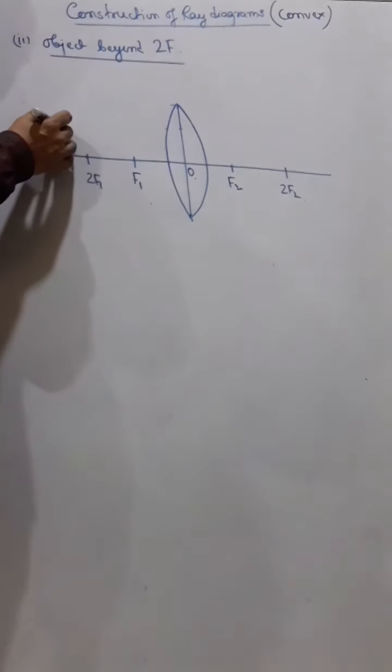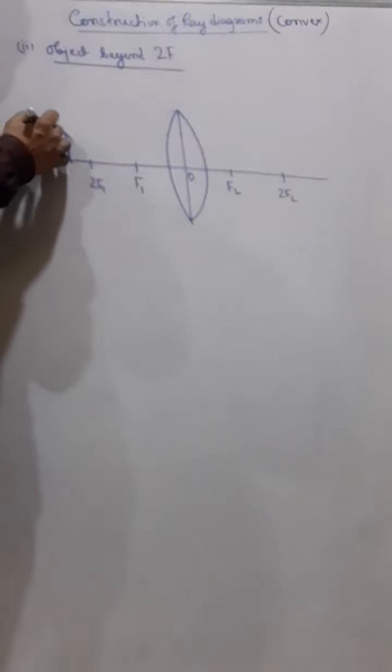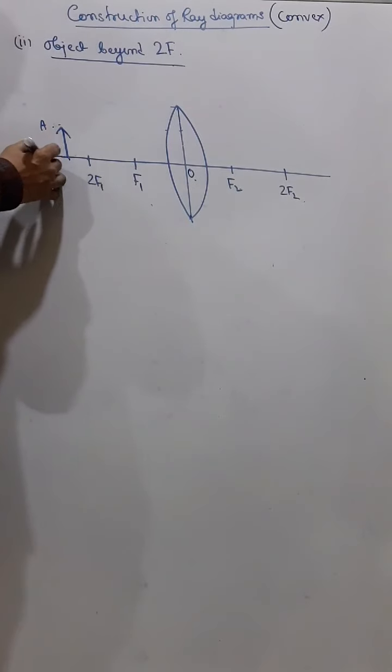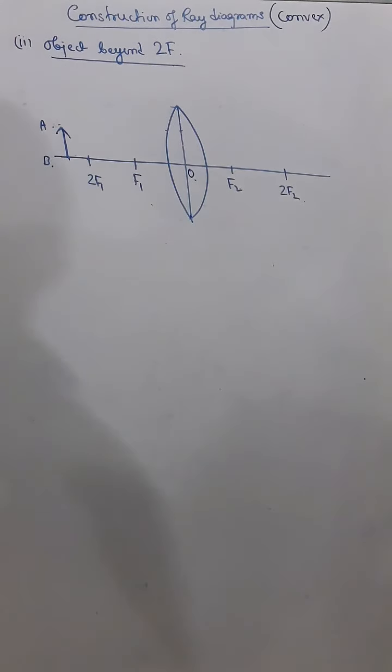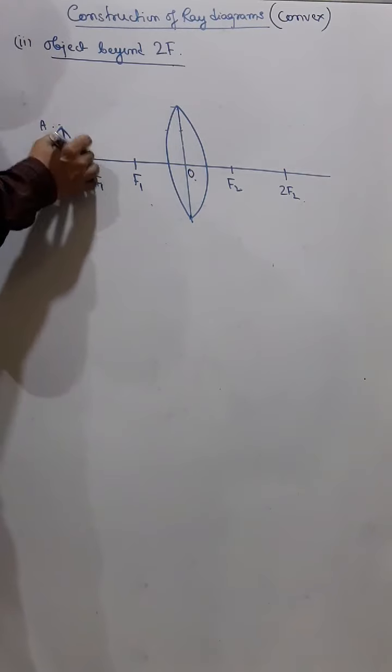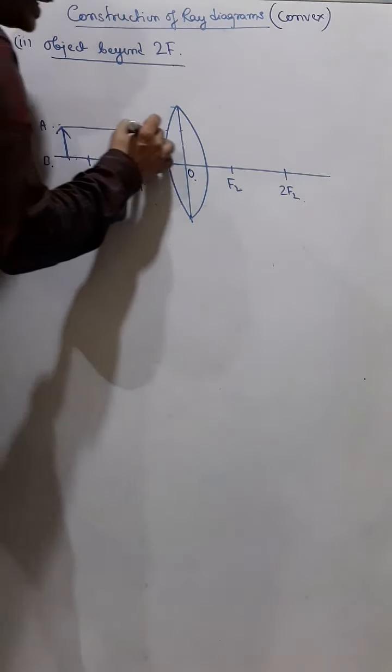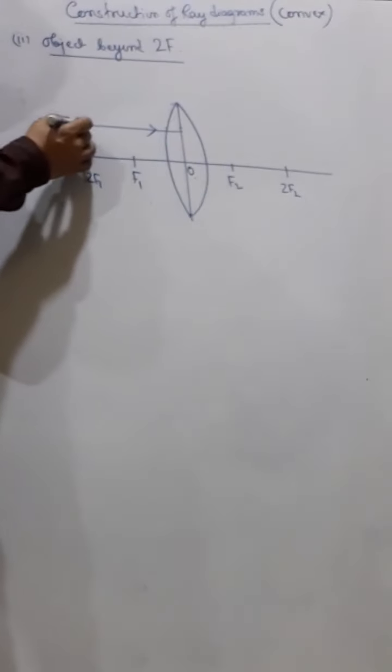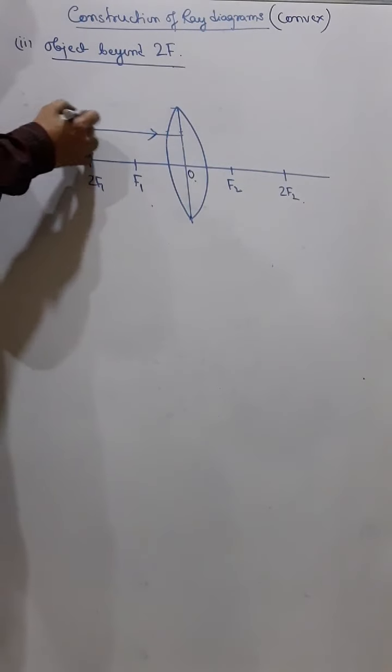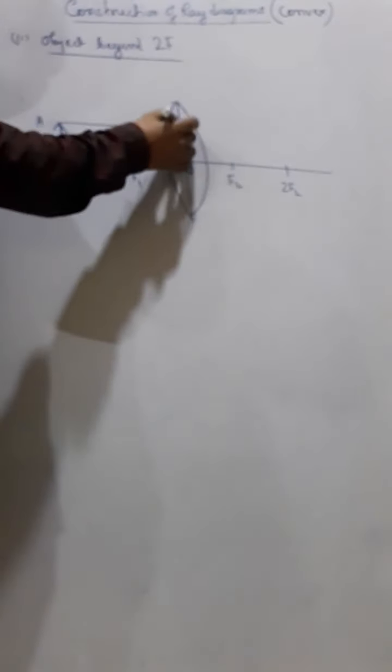Okay, so this is the object, so we'll mark this one as AB. Now what is the rule? The rule is that first you draw a line parallel to the principal axis. You should do it as accurately as possible. Pencil should be sharp and everything proper, so don't make mistakes, otherwise there will be a problem.